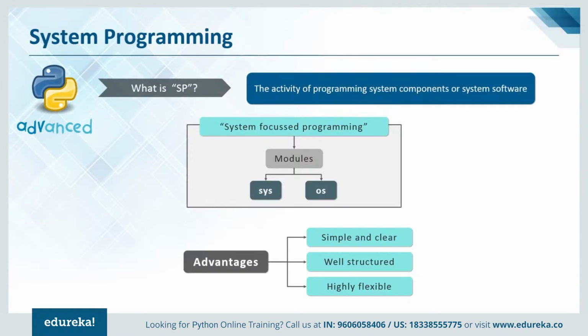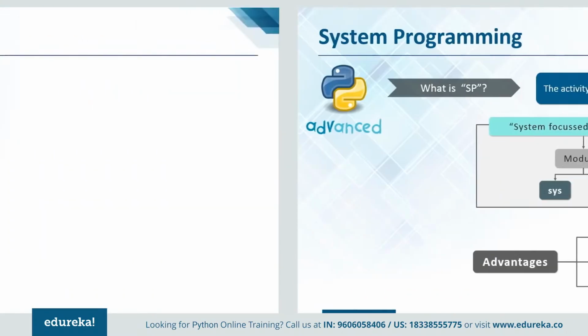By means of the abstraction layer, it is actually possible to implement independent applications in Python, even if they access operating system specific functionalities, guys. So well, in my opinion, Python is well suited for system programming or even platform independent system programming as well. So the general advantages of Python are valid in system focused programming here too. It is simple and clear, it is well structured and definitely highly flexible, guys.